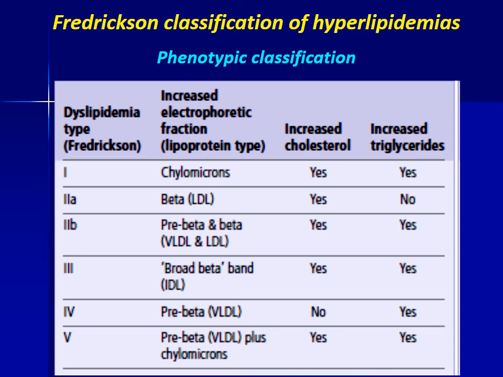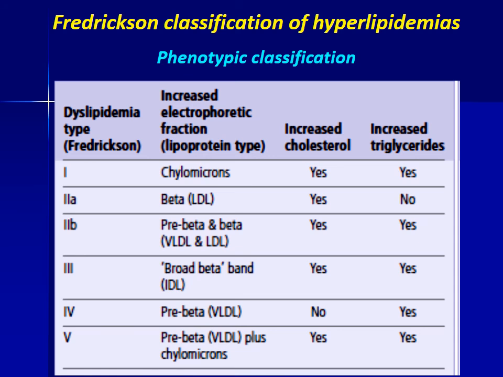The type 3 dyslipidemia, the increased electrophoretic fraction is IDL, the so-called broad beta band. Both cholesterol and triglyceride are increased. Type 4, the increased electrophoretic fraction is VLDL.